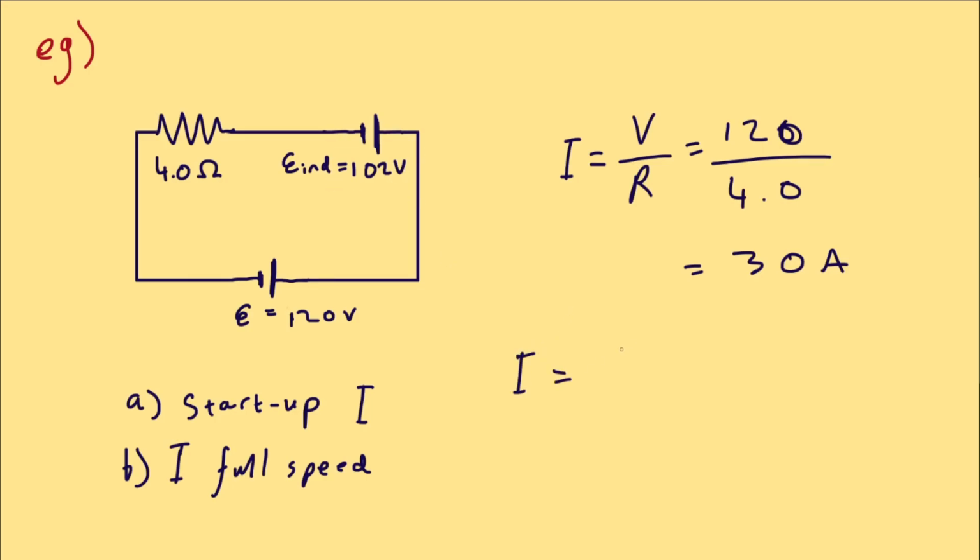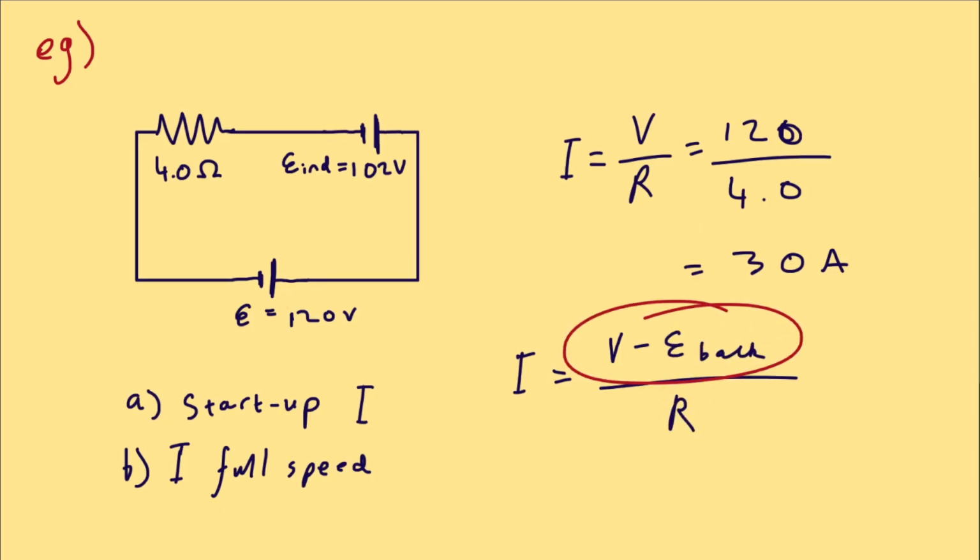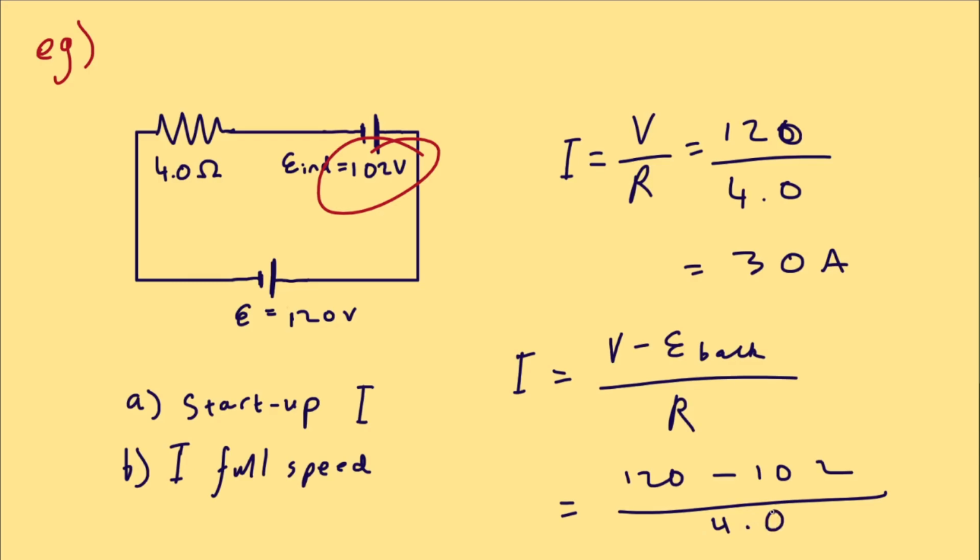So the current becomes voltage minus your back EMF, divided by resistance. Ohm's law, but voltage is going to be different because we're spinning harder. This is 120 minus our back EMF of 102, divided by our resistance, giving us 4.5 amps. So the takeaway here is that the current drops drastically once the motor reaches full speed, and this protects circuits.